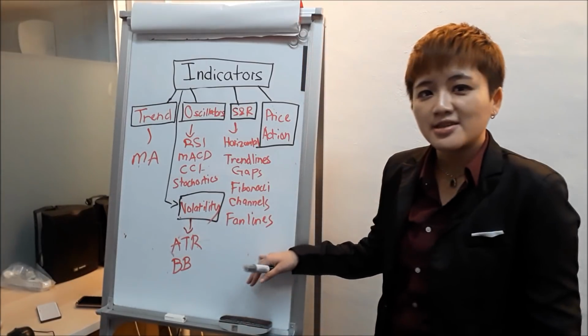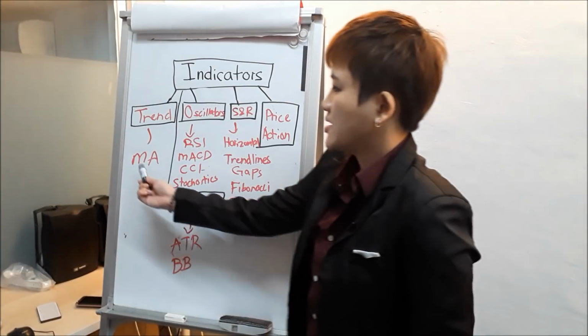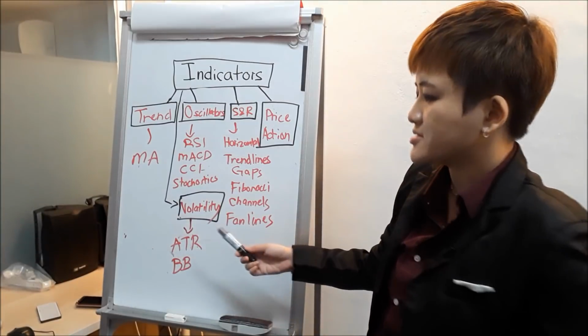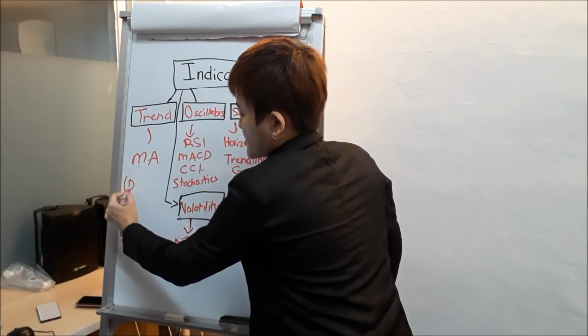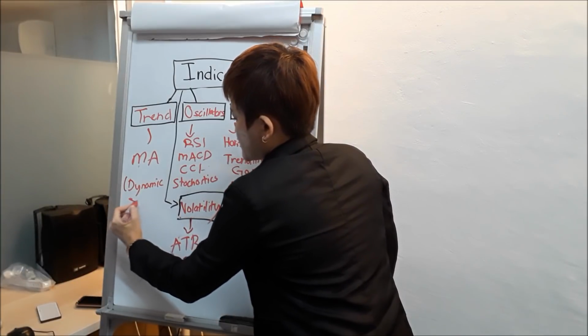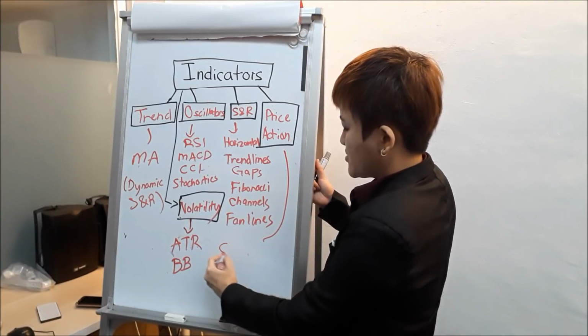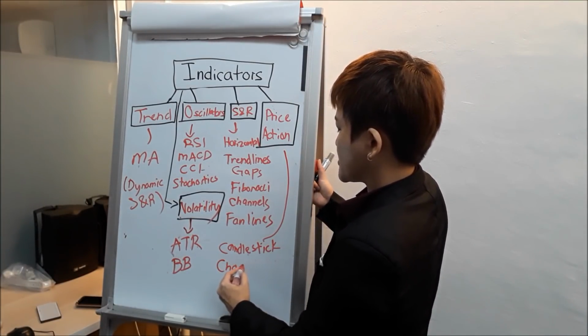And again, because I said this is not mutually exclusive, moving averages can also become support resistance, but to be specific, dynamic support resistance. And price action, the main ones, candlestick patterns and also chart patterns.